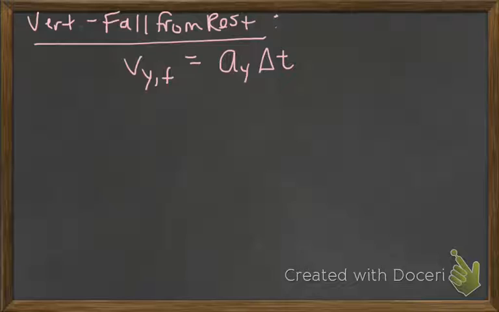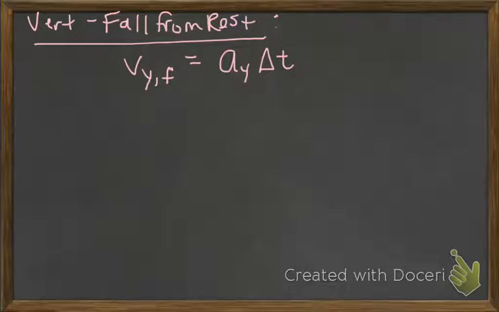Okay, that's V sub YF. What do you think the Y means? Vertical motion. What do you think the F means? Final. So the final velocity in the Y direction.